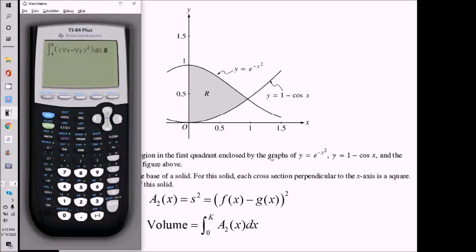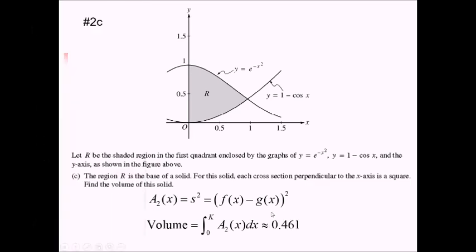So here's what this looks like on my calculator. I still have math 9, integral from 0 to alpha k. This time I'm doing y1 minus y2, because that's where I stored my f and my g functions. And I'm inside a squared parentheses for those. I've got my dx, press enter, and that's about 0.461 for that final answer.